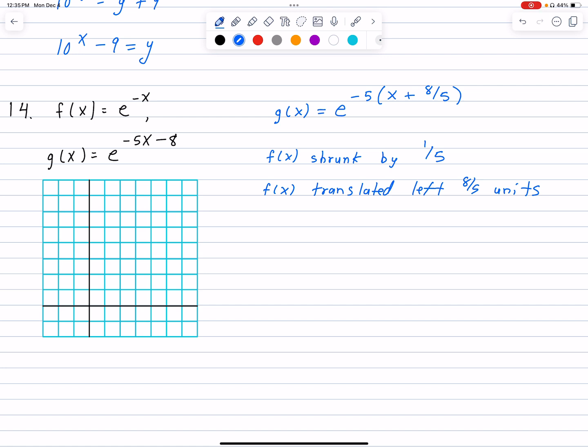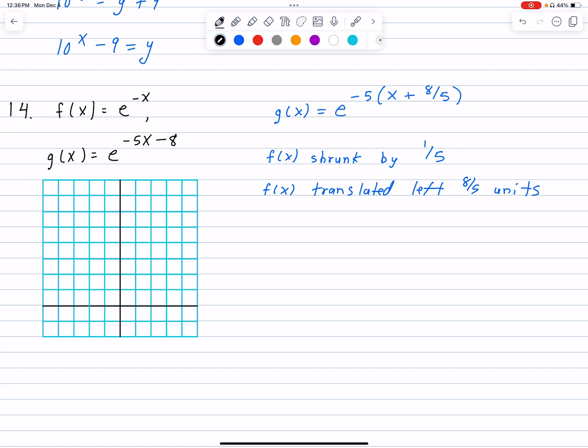First off, let's move our graph 8/5 to the left here. I think I might move this line here. So let's move that over a little bit. Let's go like this. Okay. So we are translating the origin 8/5 to the left. So see if you agree with me. This would be 1. 8/5 would be right about there.